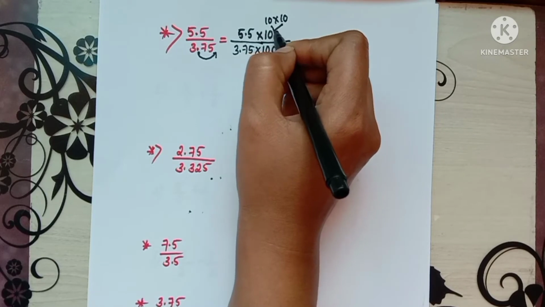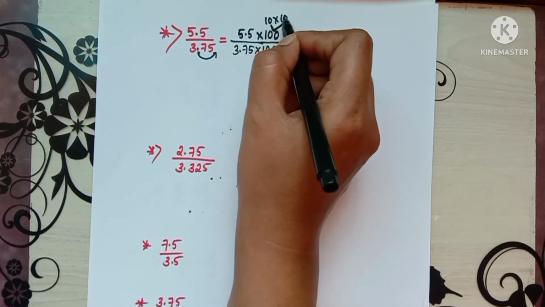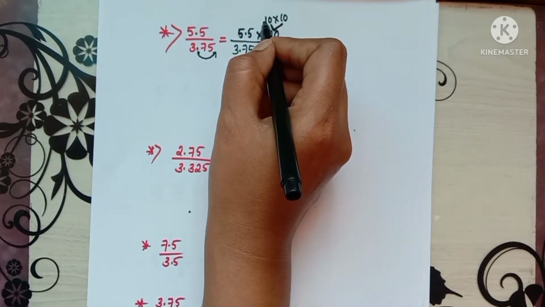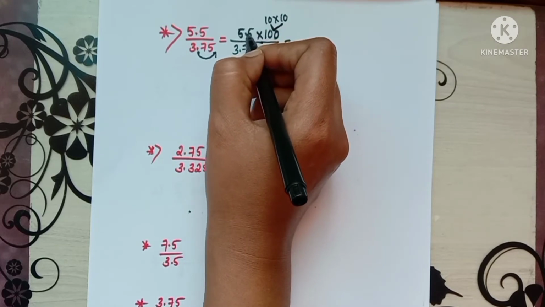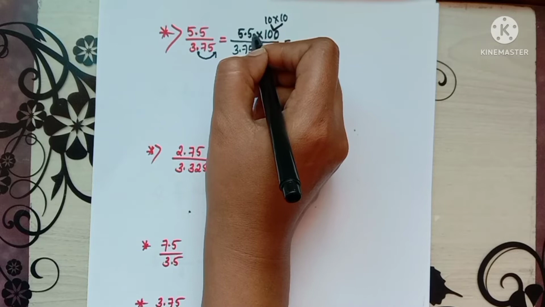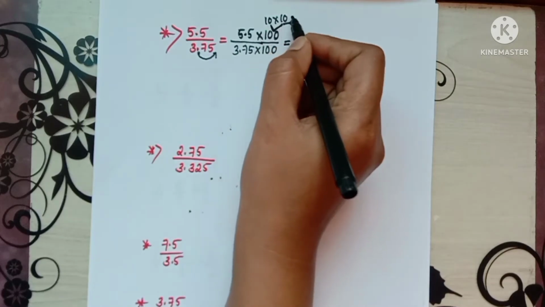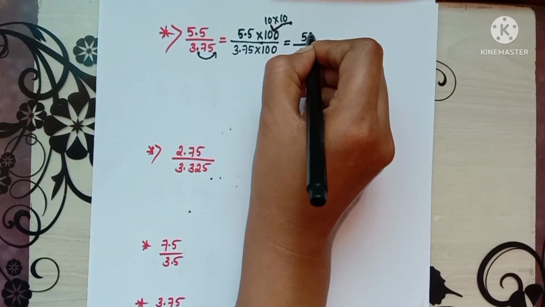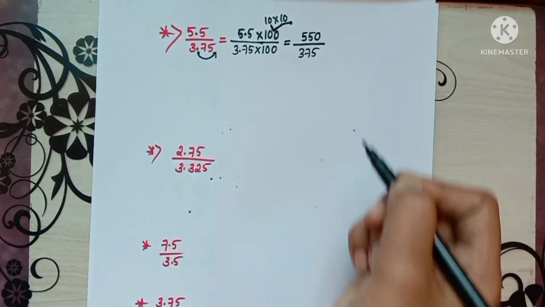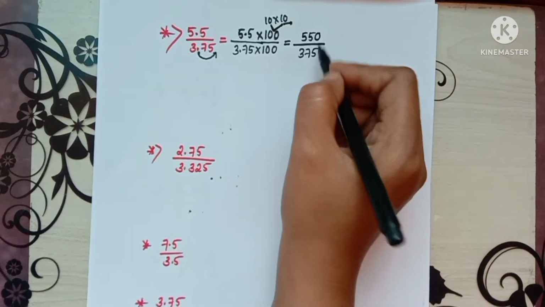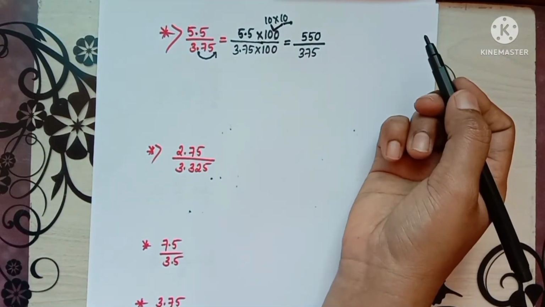Next here 100 means what? 10 into 10. Suppose if I multiply by 10, this will be shifted by 1 digit, means 55. Remaining is what? 10. So 55 multiplied by 10 is what? 550. Now you can divide and write the answer.